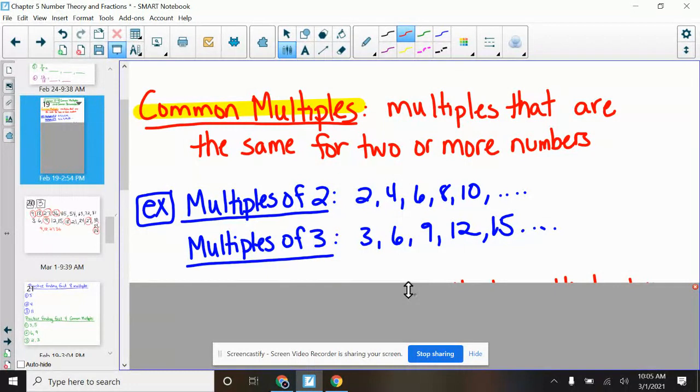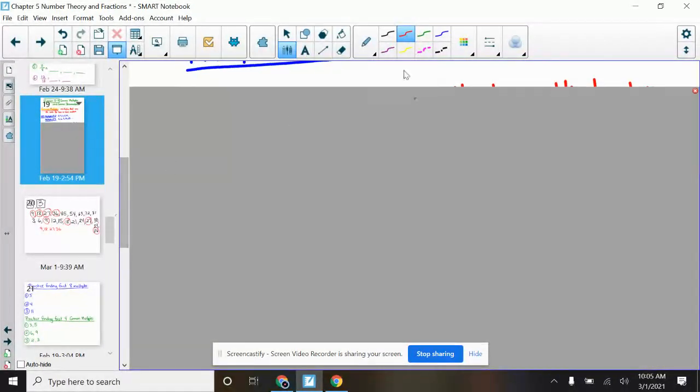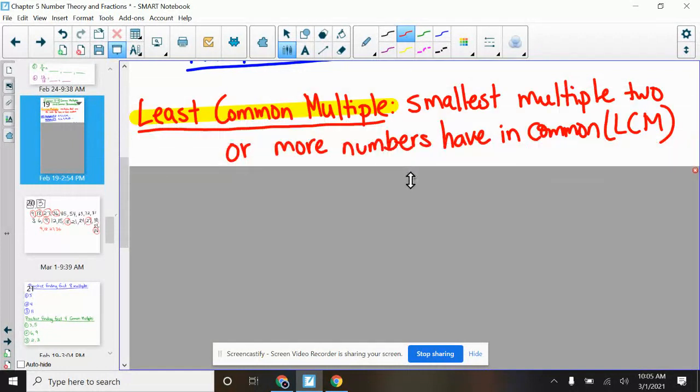All right. Well, let's build on that. Yes, Emily. Now that we know how to find common multiples, what if it asks you to find something called the least common multiple? We call this thing the LCM.